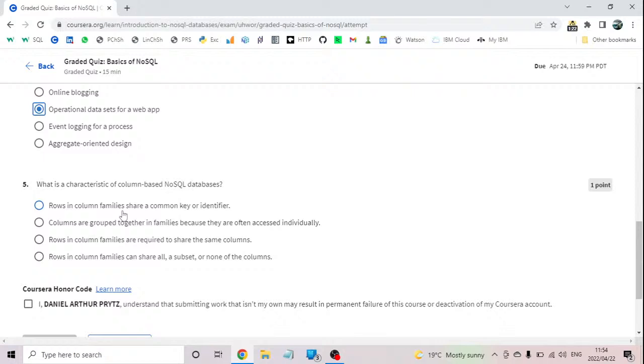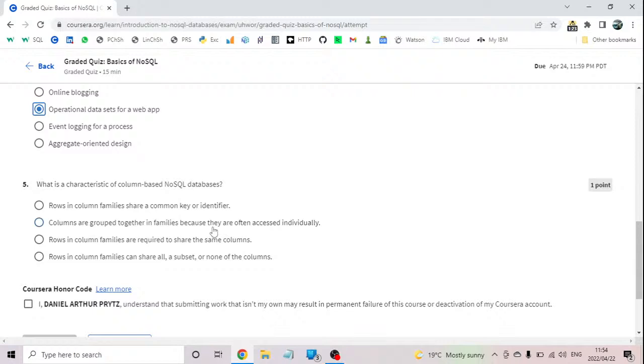Oh wait, isn't it columns? Rows and columns are required to share the same column. That's not true. Key or identifier, that is not true. Not always true.